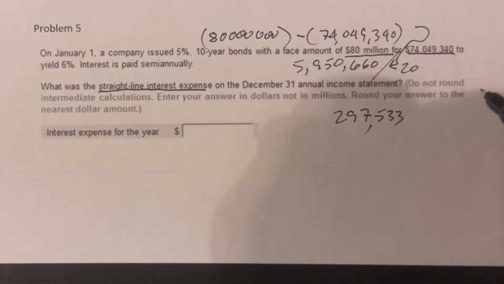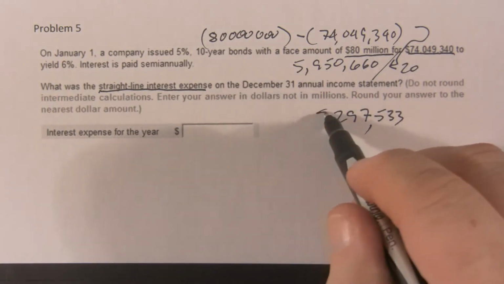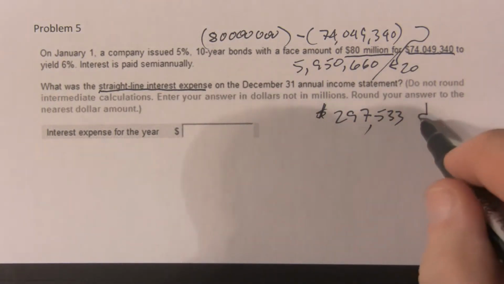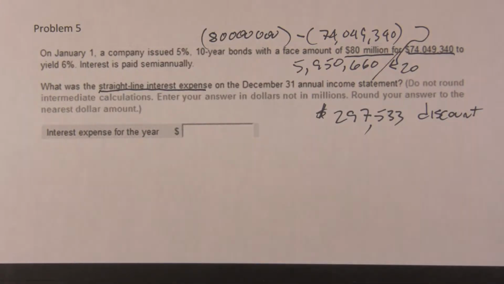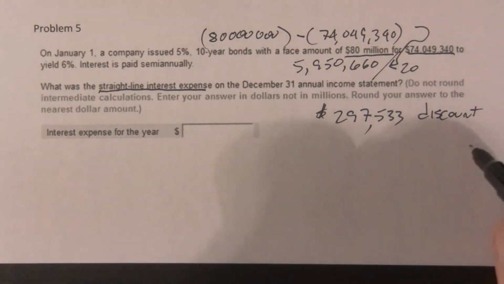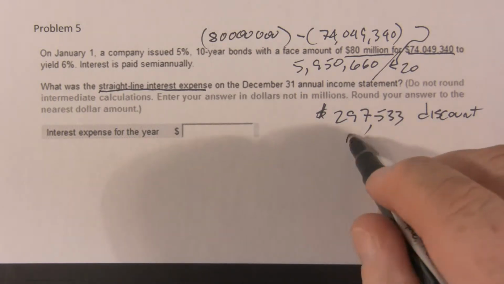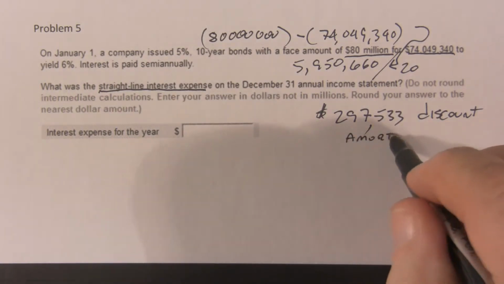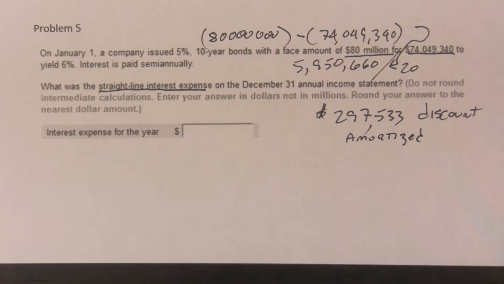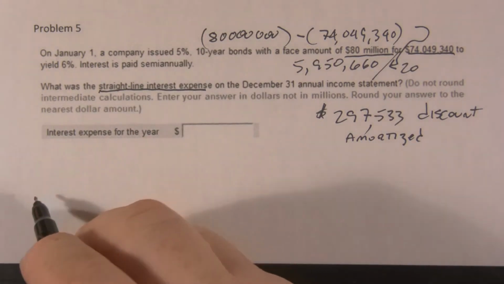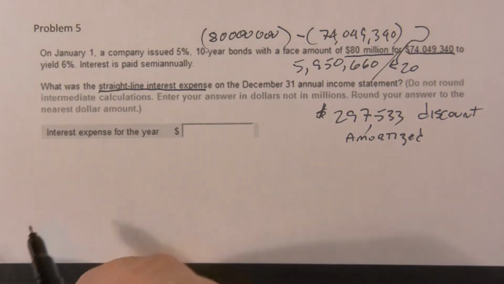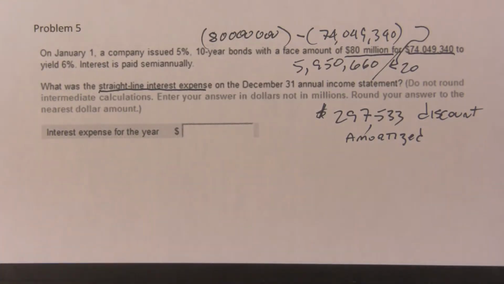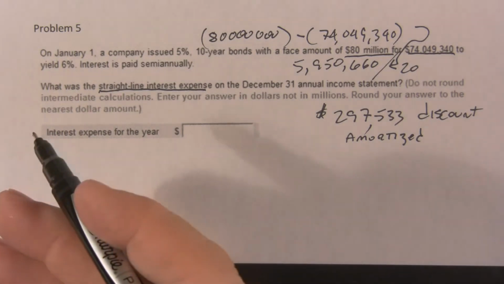So each time they make an interest payment, they are going to amortize $297,533, discount amortized each payment. Now remember, discount increases the total interest expense. So now it asks us to do some journal entries. And we need to do the journal entries to figure out the interest expense for the year, okay?